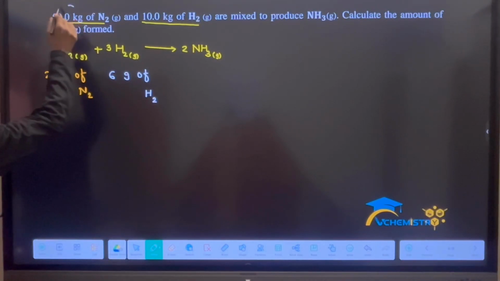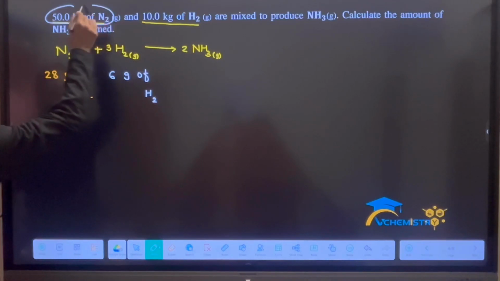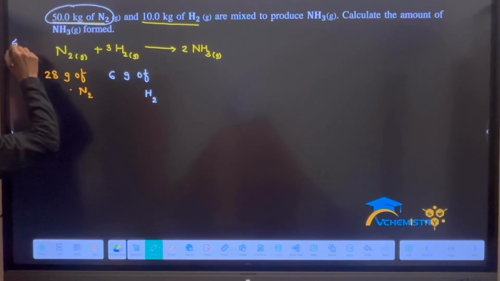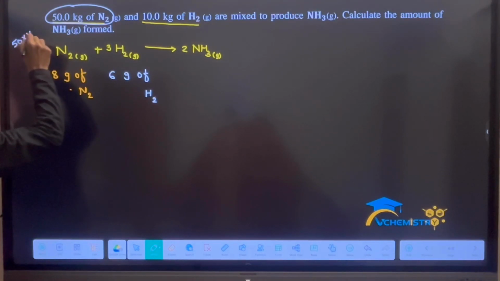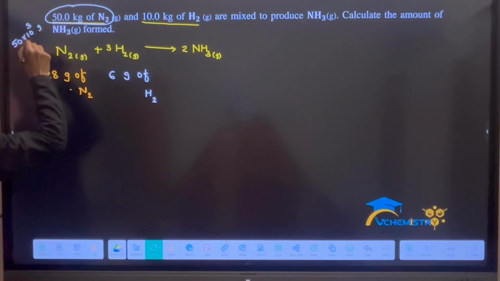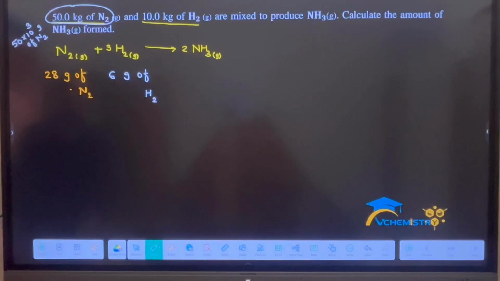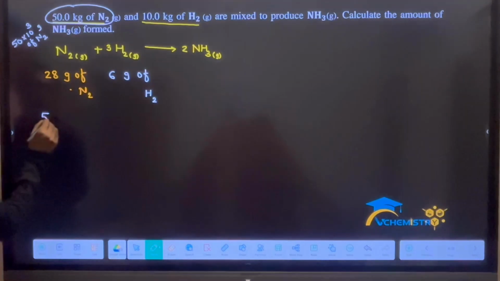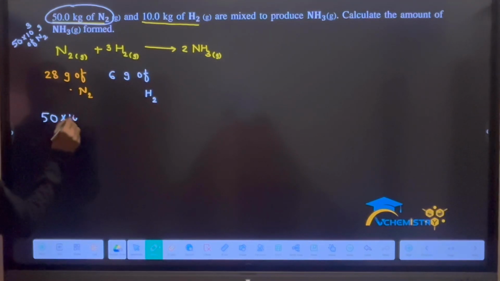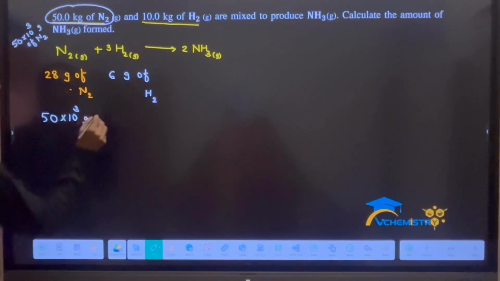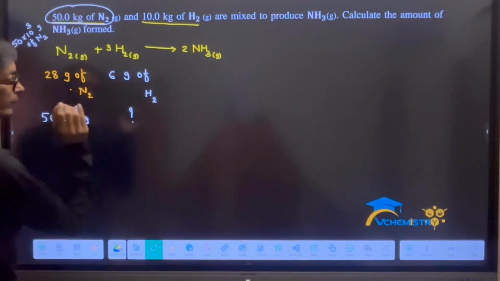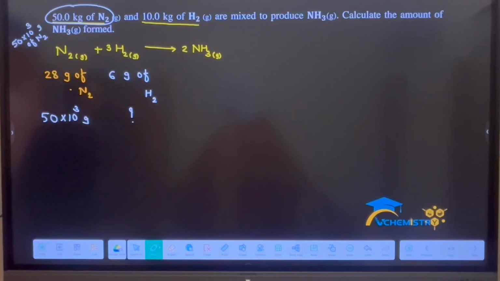We have 50 kilogram of N2, that means 50 into 10 raised to 3 gram of N2 is given. So 50 into 10 raised to 3 gram of N2 requires dash amount of hydrogen.